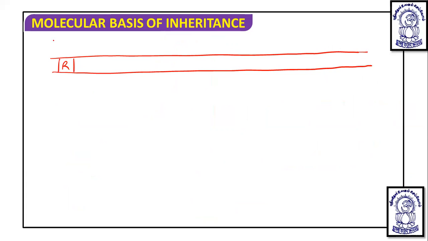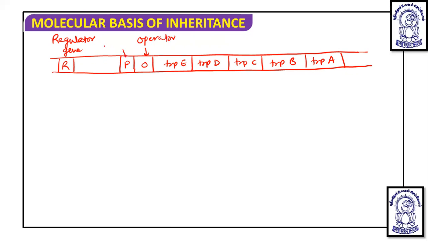Here R is the regulatory gene, P is the promoter, O is the operator, then trpE, trpD, trpC, trpB, and trpA.